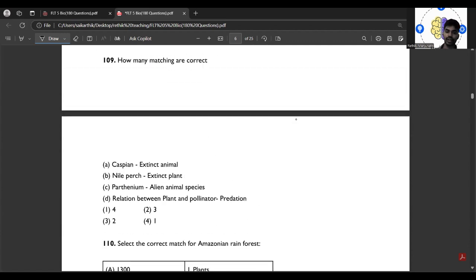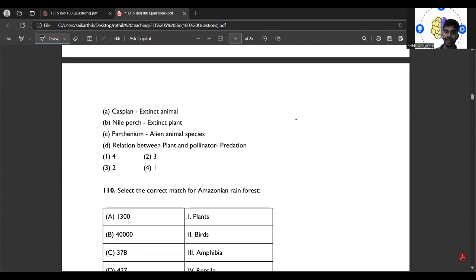Next, coming to 109. So 109 is the fourth question. How many matches are correct, right? Only one match is correct because this is correct, but this is wrong. It is alien animal species and this thing, right?